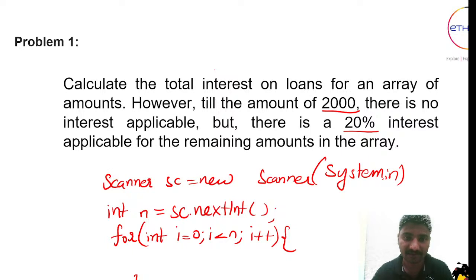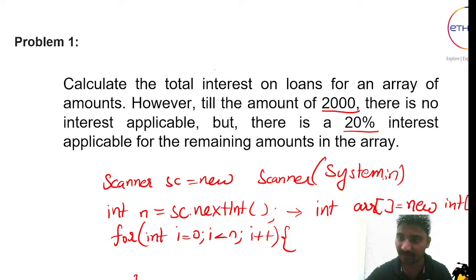We first create an array, then all the inputs will be recorded to it. Immediately after this line, I will create an array named arr with a size of n. Now it has been created.